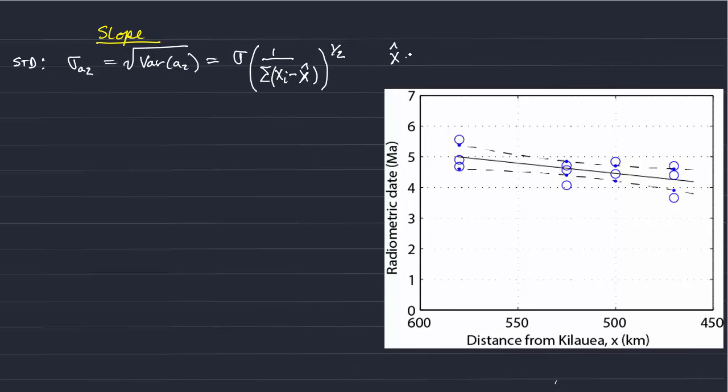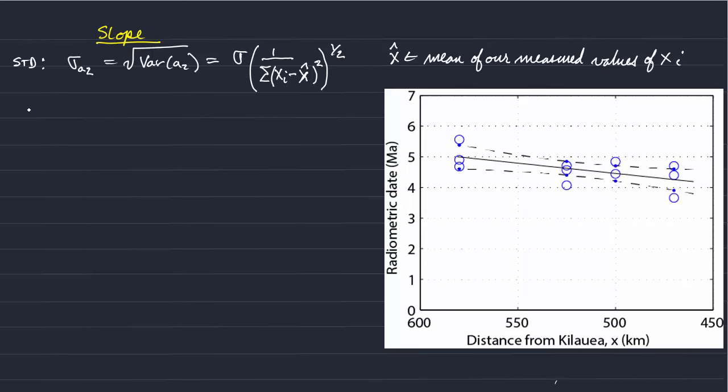So x hat is the mean of our measured values of x. And so this term is the sum of the square deviations from the mean of x. And this gives the standard deviation of the slope.